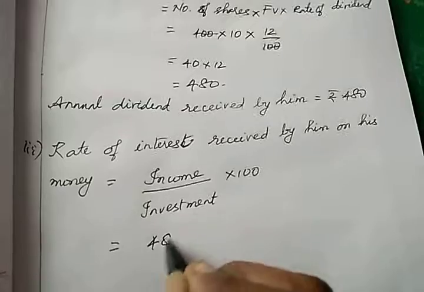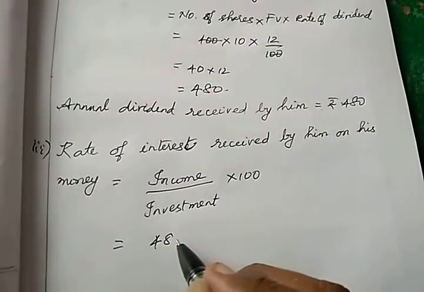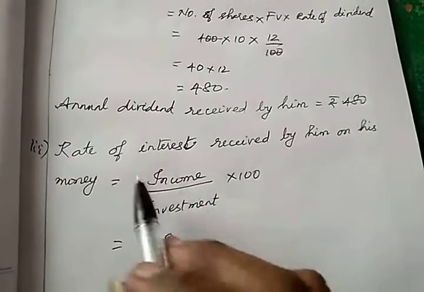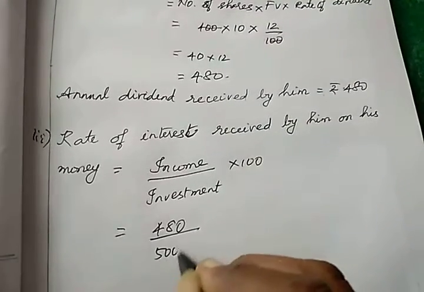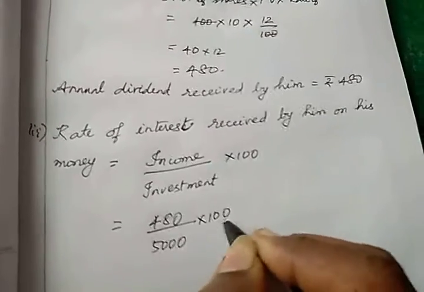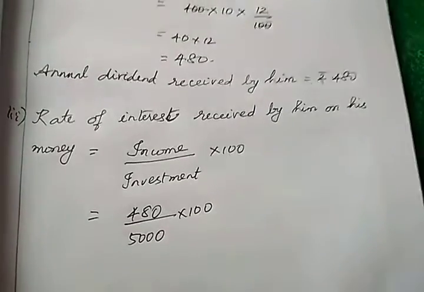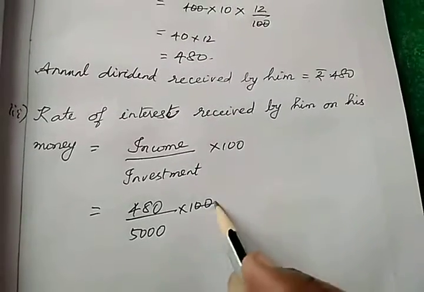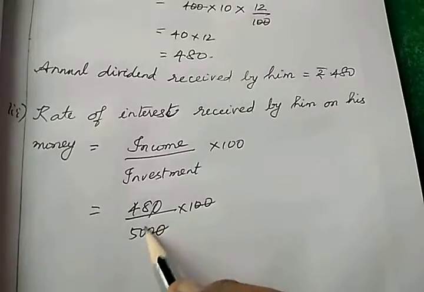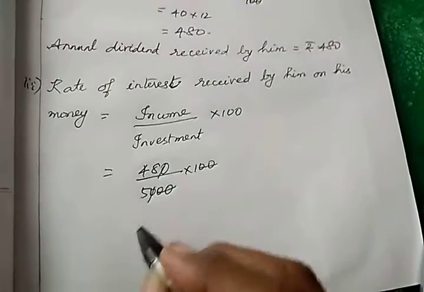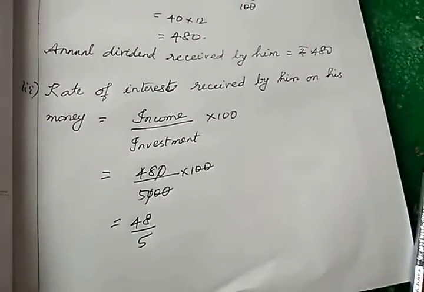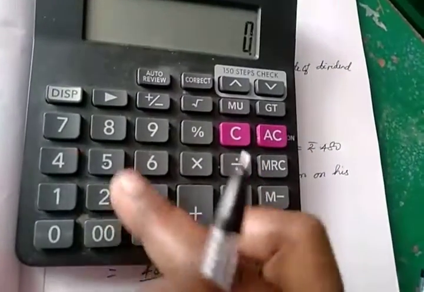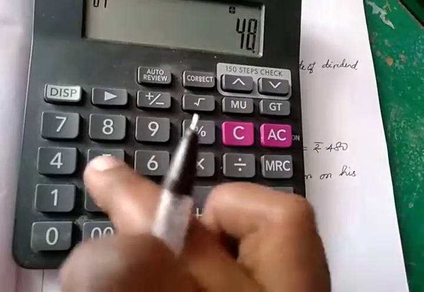Income is 480, he has received a total profit of 480 rupees for the whole year, and his investment is 5,000 rupees, into 100. So zeros will get cancelled. Remaining will be 48 divided by 5. So 48 divided by 5 is 9.6. 9.6 percent.